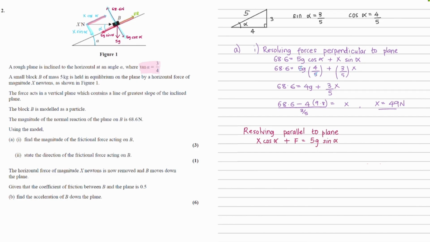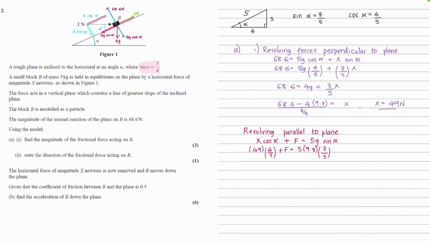If we now substitute the values we know, we can substitute cosine alpha as 4/5, plus F is equal to 5 multiplied by our value of g, which is 9.8, and for sine alpha 3/5. For x, because we found x in part A, we could also substitute that with 49.